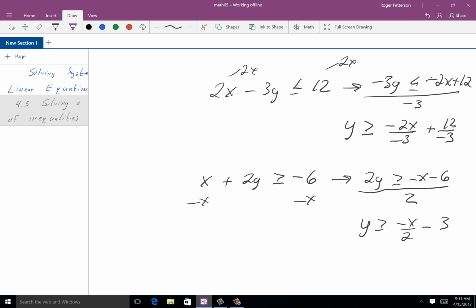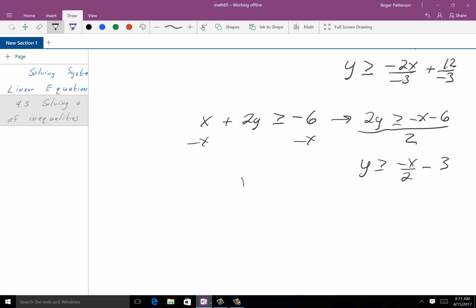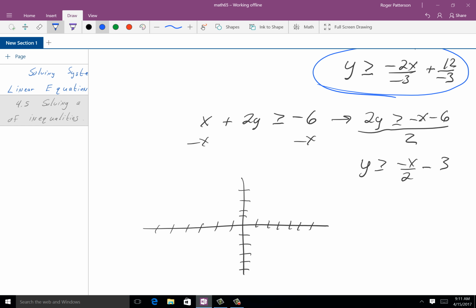Okay, so we'll make a graph. So I'll graph this one up here in blue. What's the y-intercept?